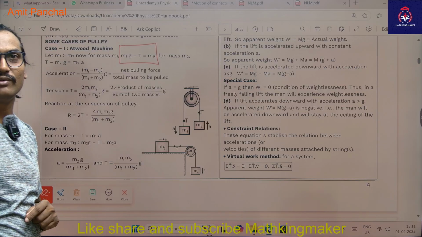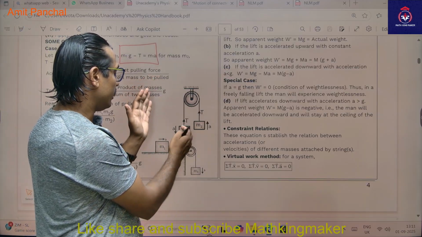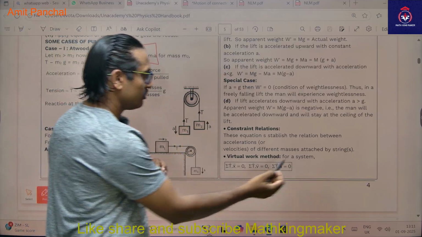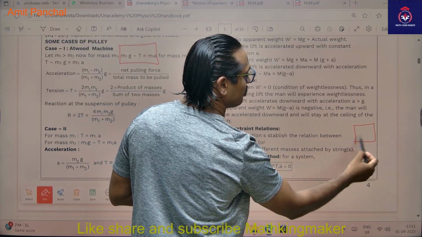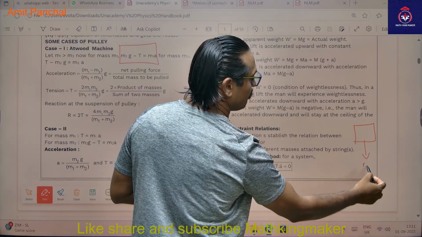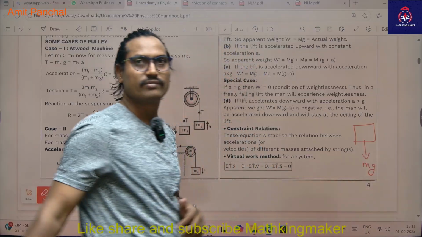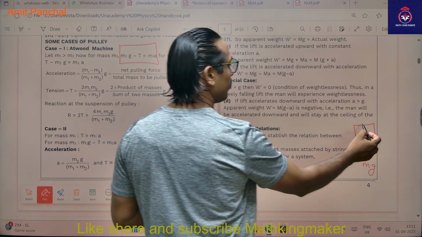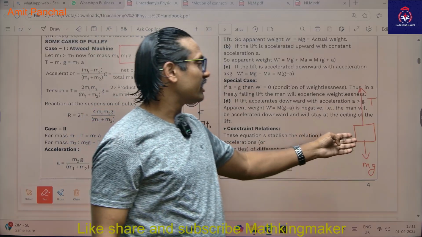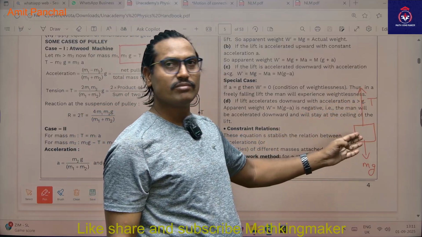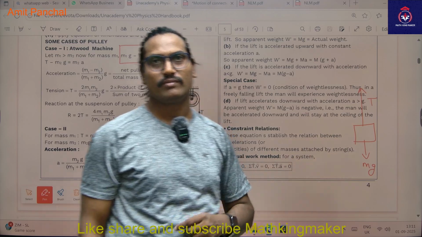M1G is a different force because that is its weight. If you see this mass, there will be mg downward, T will be upward, but it is not in equilibrium. If it were in equilibrium, then T would be equal to mg.